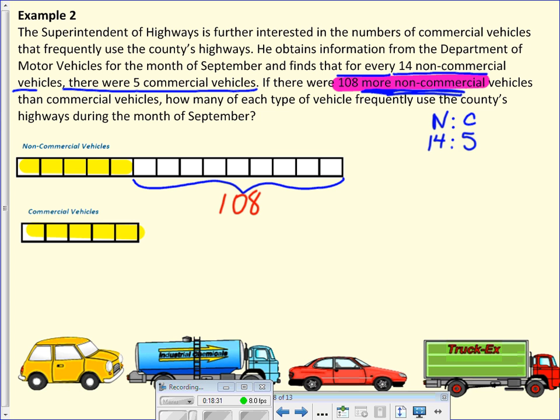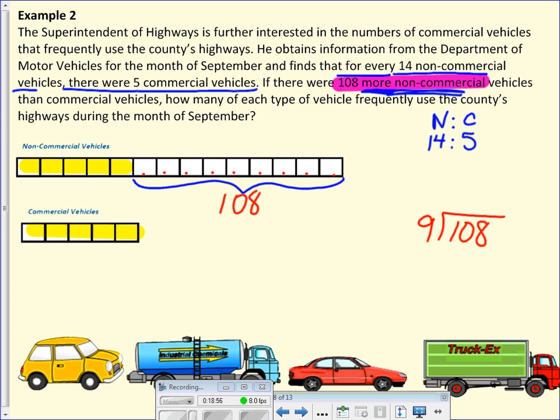We're looking at how many more non-commercial there are. So how many more boxes are represented by the 108? How many are there? 1, 2, 3, 4, 5, 6, 7, 8, 9. How many boxes? 9. So I'm going to come over to my margin. 108 divided by 9.